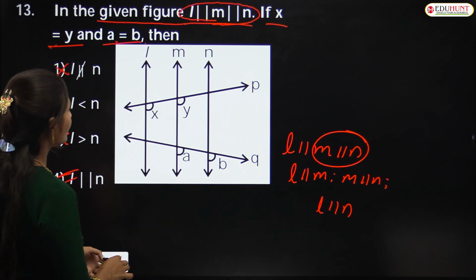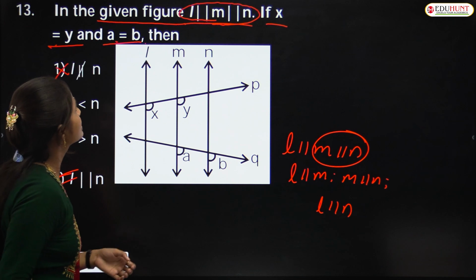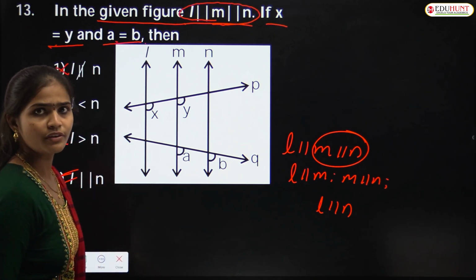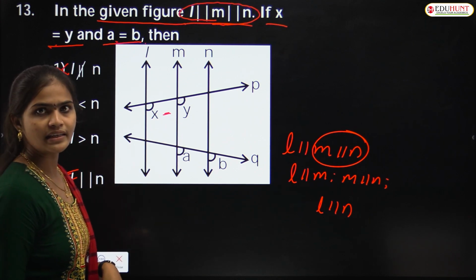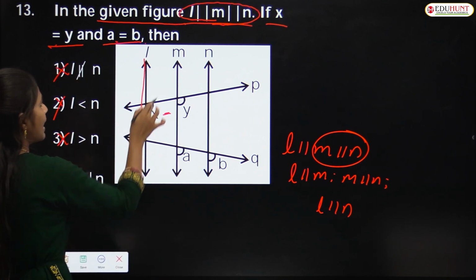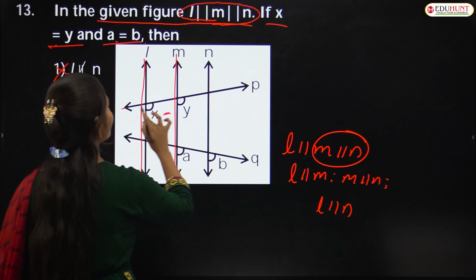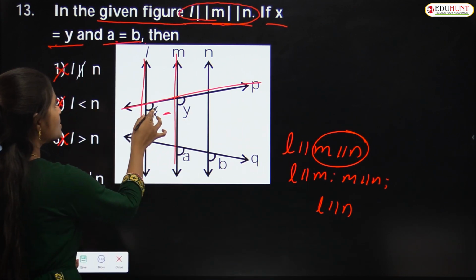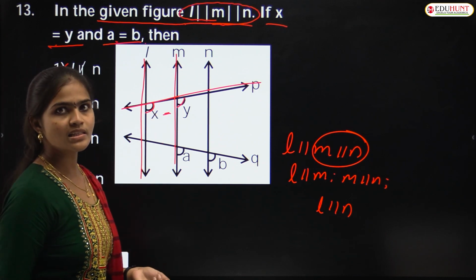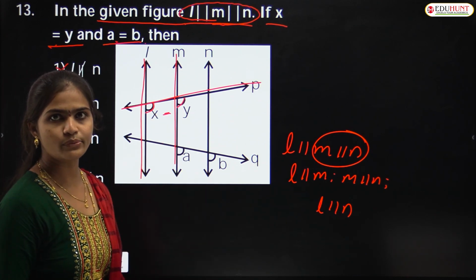That's it. Or else, if you want to observe the given conditions, observe them also. X is equal to y. Yes, obviously. Why? Because L is parallel to M and P is a transversal. So x and y are corresponding angles, that's why those two are equal.